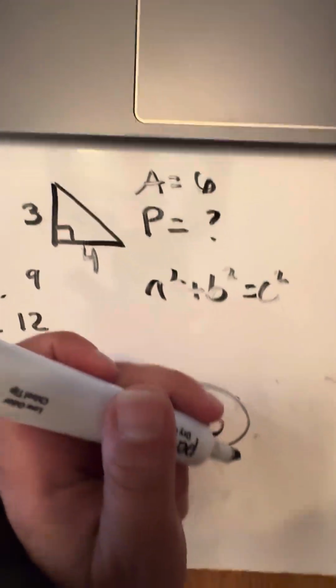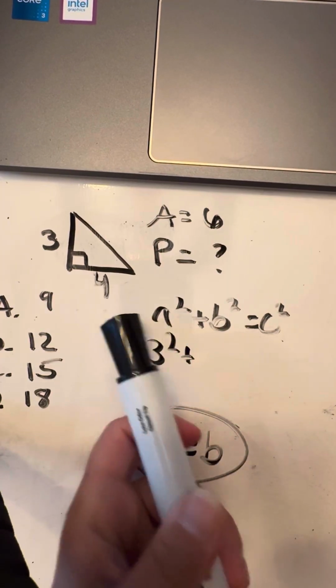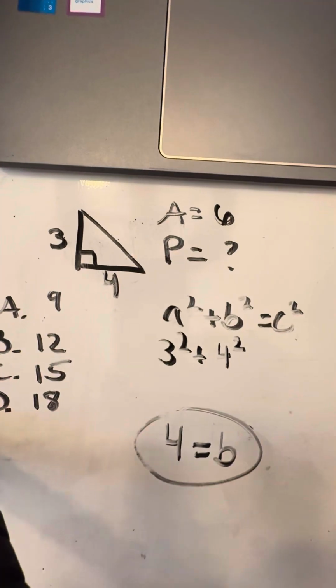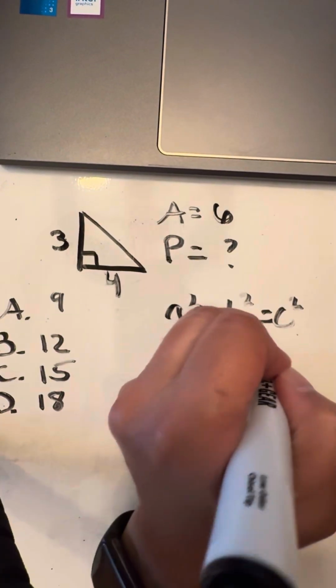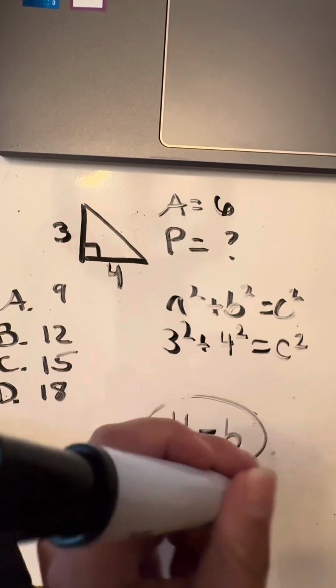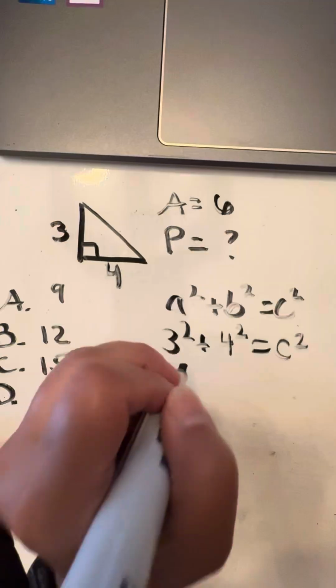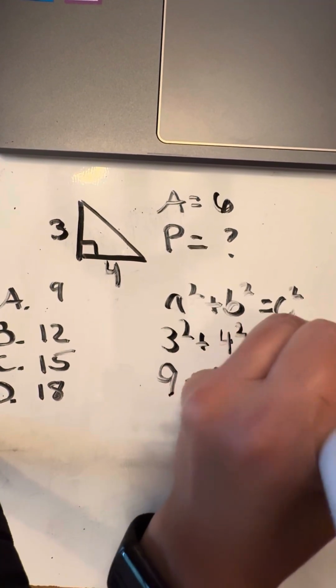So we have 3 squared. And our b, which is the second longest side, those are the 2 legs. So the legs are always the 2 pieces that form the right angle. And then we're going to do c squared. And so our 3 squared will be 3 times 3, which is 9. Our 4 squared is 4 times 4, which is 16, and that equals c squared.